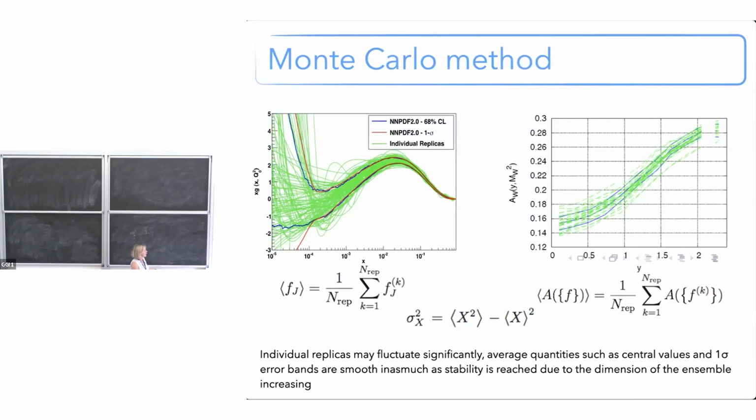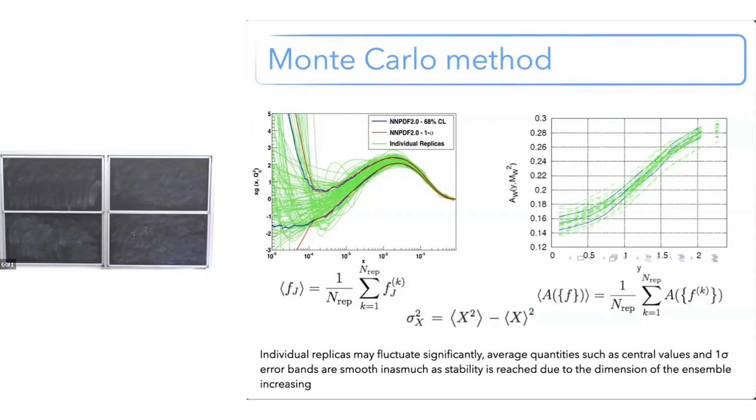So in this case, this is a neural network, and you see it because each of the best fits has a wildly different functional form. And this comes from the fact that the neural network is a redundant function, okay? And each of the green is the best fit. So then, if I have to tell you what is the average value of the gluon, then I just average over the green lines at a given x, okay?